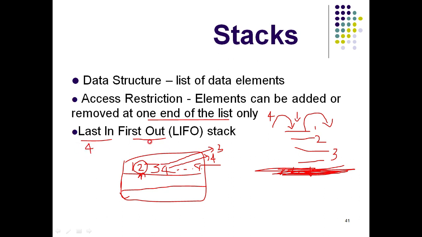What is the first out which is coming outside? 4. So this is how we arrange our stack. That is last in, the fourth is last, first out. Whatever item you have put at the last will be removed at the first. So this is called a last in, first out stack. And this is the method of your stack itself.